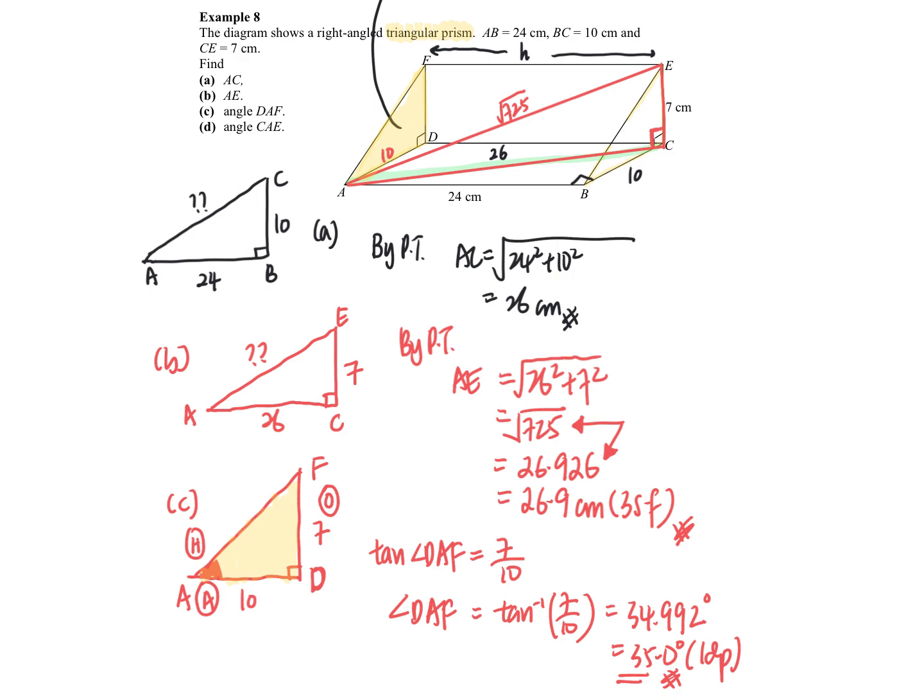Then the last part, we will go back to the triangle that we drew just now. This same triangle. I have all three sides, so I can find any angle easily. So this blue triangle that we drew just now, for part D, they want me to find CAE.